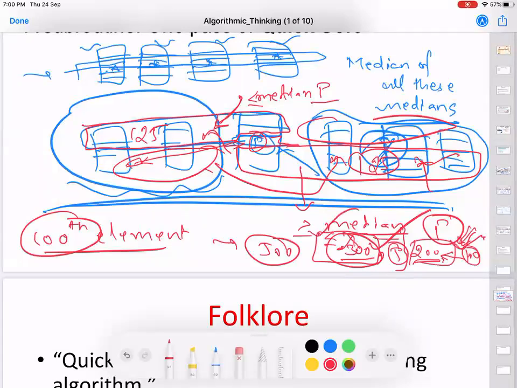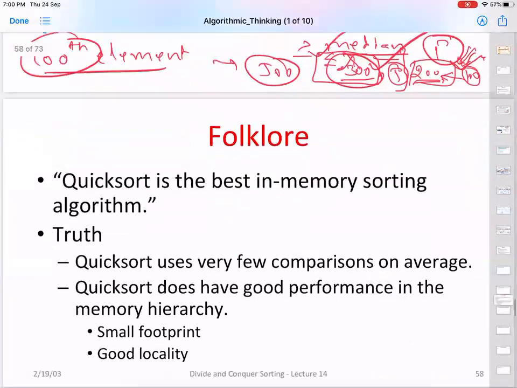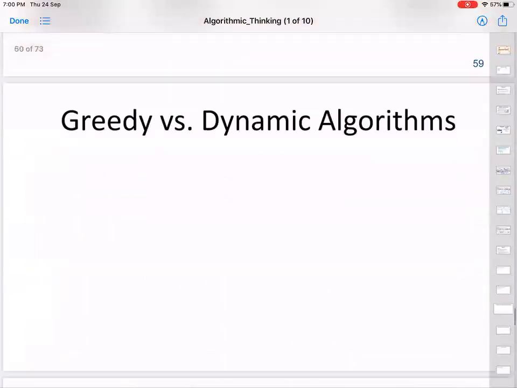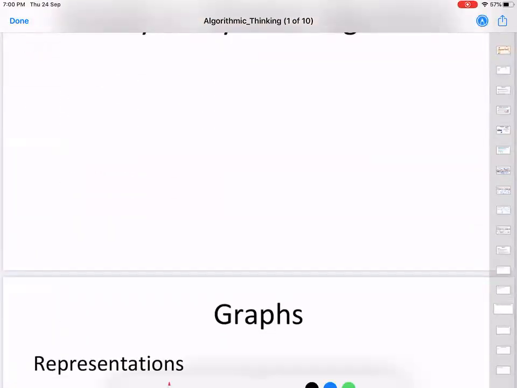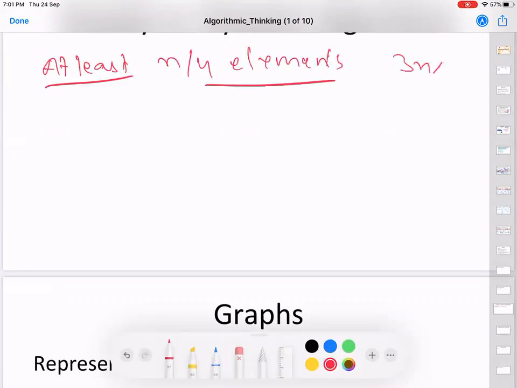So effectively, this algorithm discards at least n by 4 elements, which can go up to 3n by 4, with a max of 3n by 4.